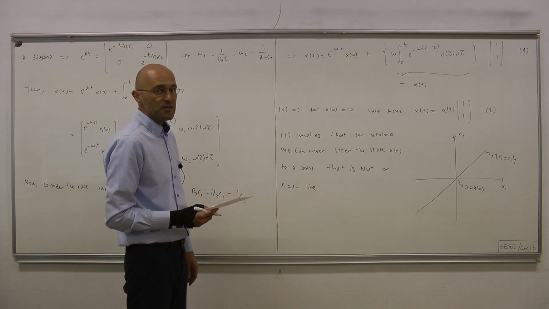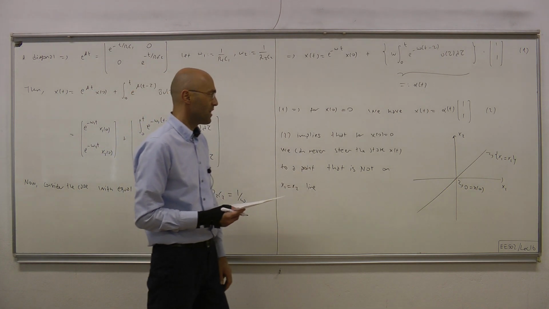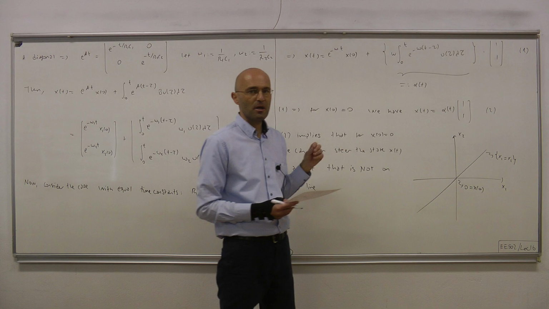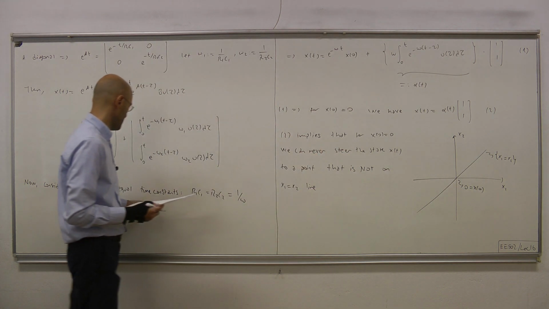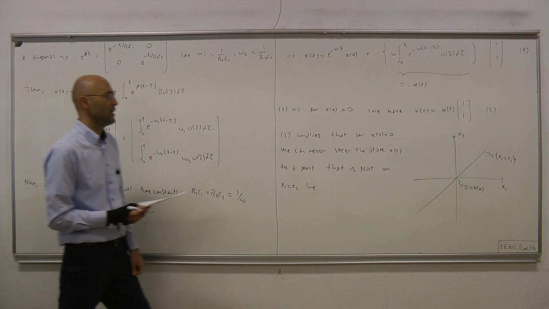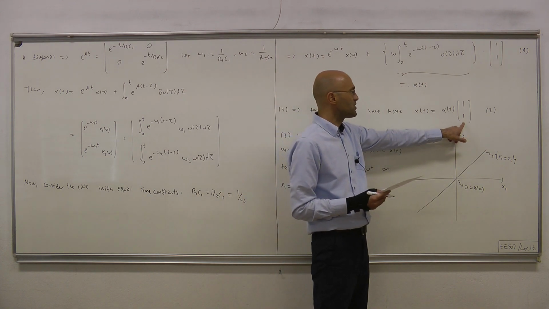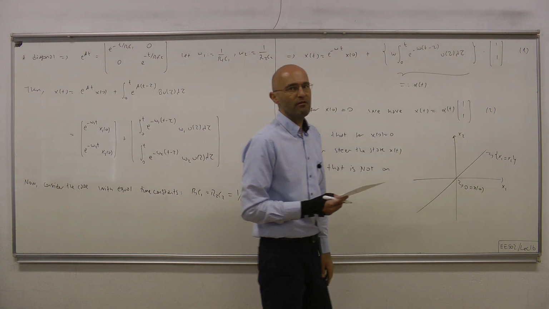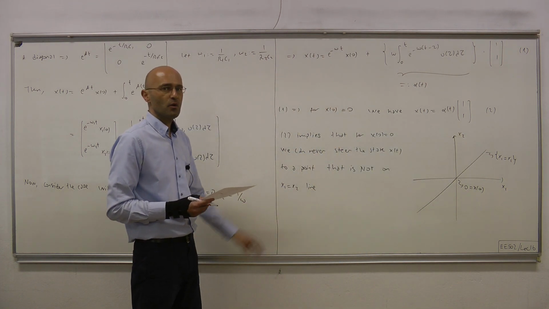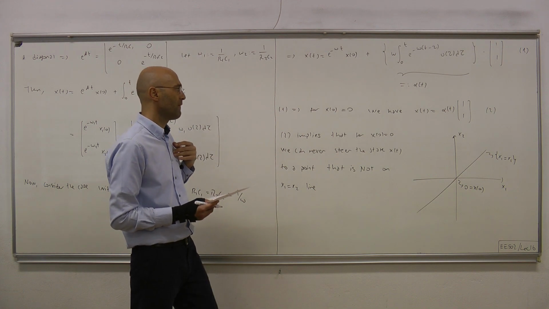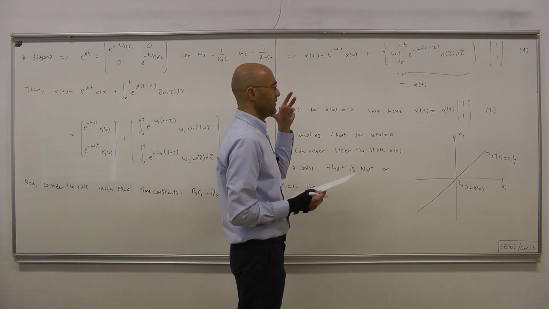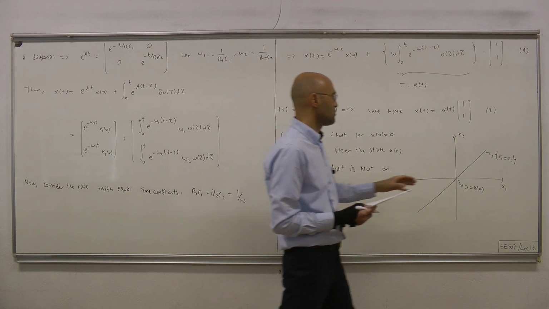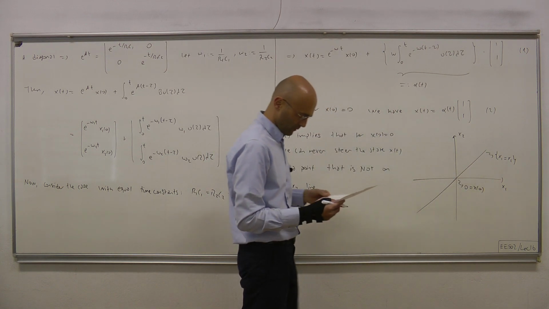So that implies, by our definition, that the reachable subspace for this system, if the time constants are equal, is the subspace spanned by this vector 1, 1. Okay, so even though the system is second order, the reachable subspace is of order 1. Okay.